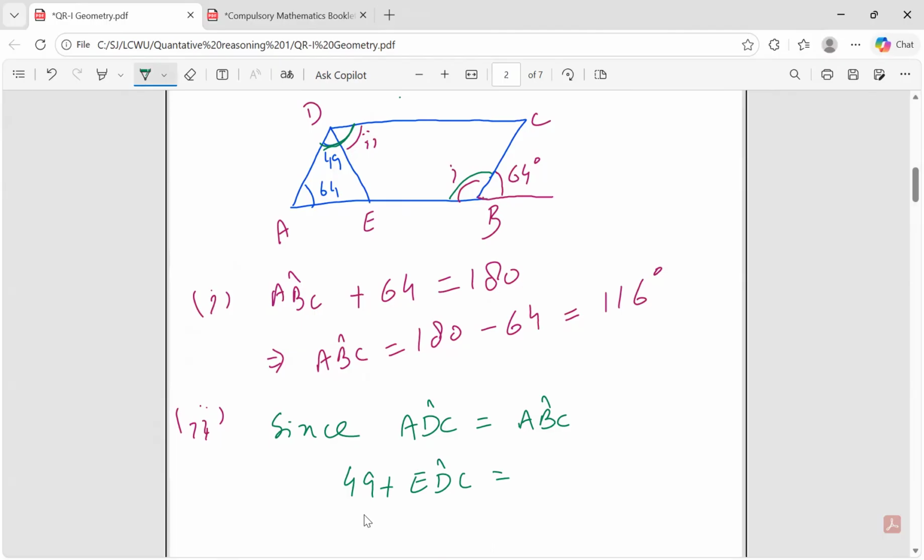And this we have just computed to be 116 degrees. Now from here, angle EDC is equal to 116 minus 49, and if you subtract it, you will get 67. Okay, I hope that this is clear to you. So this one angle is 67 degrees, and this one angle is 116 degrees. These were the required values that we needed to find out.